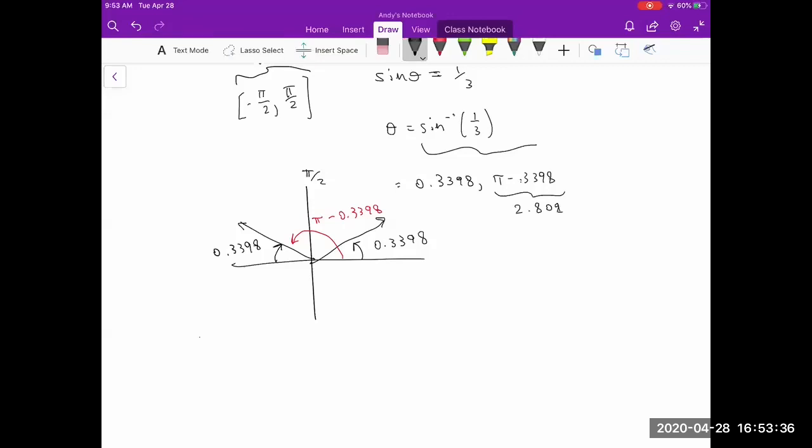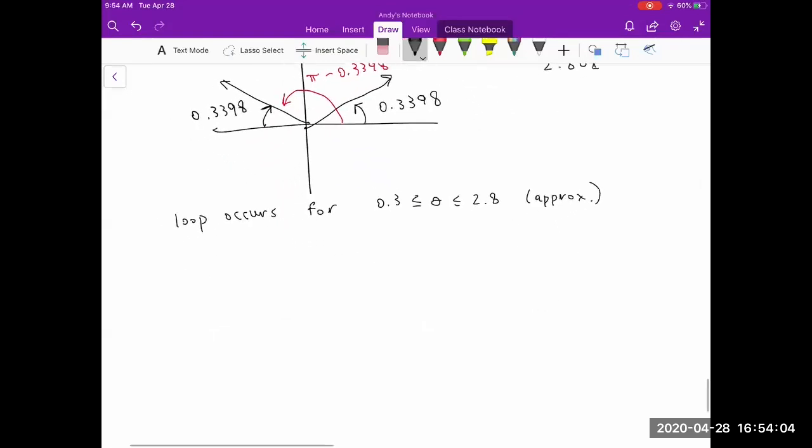So let's just say the loop occurs for theta values between 0.3 and 2.8 approximately. So there we go. Those will be the limits of our integral. So A is going to be the integral from this value to this value. I hope that's okay.